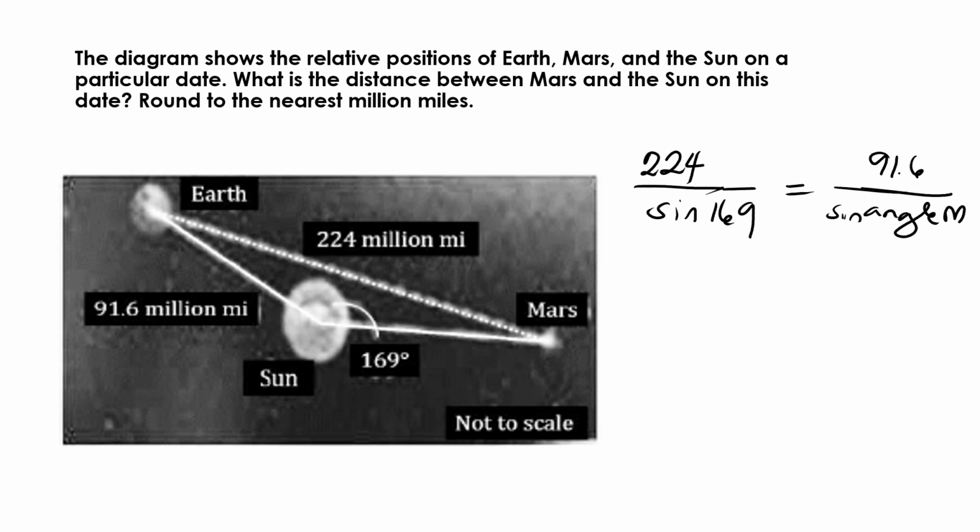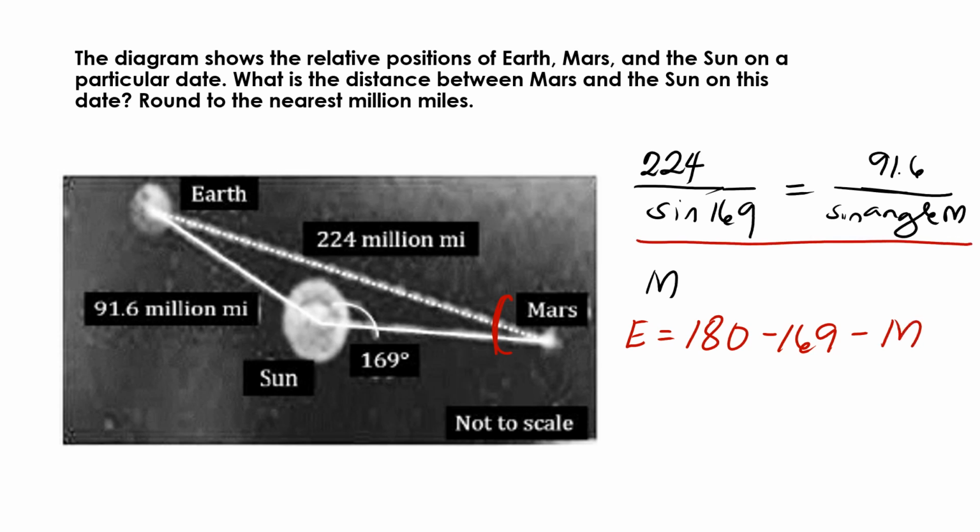Then, you cross multiply. If you already have the value of your angle M, you can already have your angle of Earth because you need that later. So, that's 180 minus 169 minus the angle that you can get on this formula. If you already have the value of your angle of Earth, you can use your law of sine again.